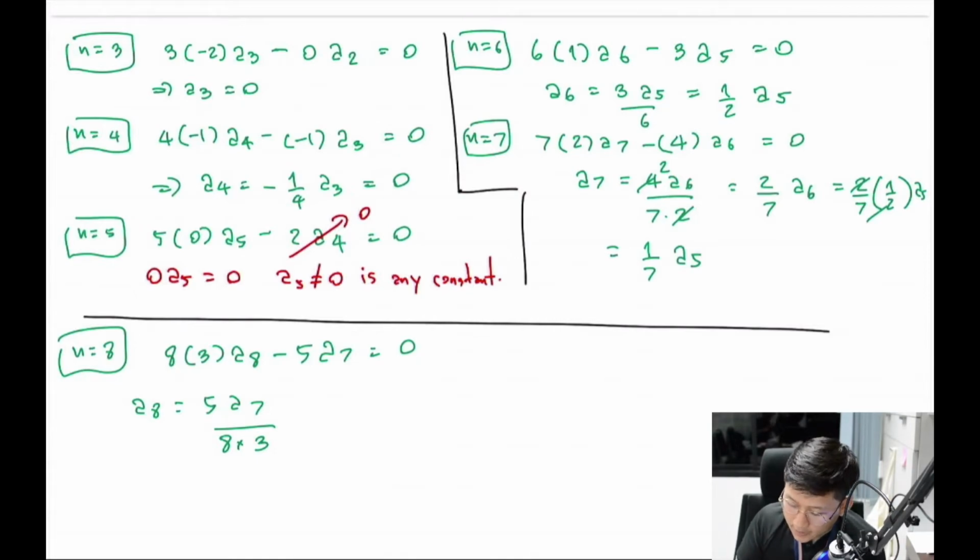Okay, and A7 is actually 1/7 A5, so A8 is 5 divided by 8 times 3 times 1/7 A5.